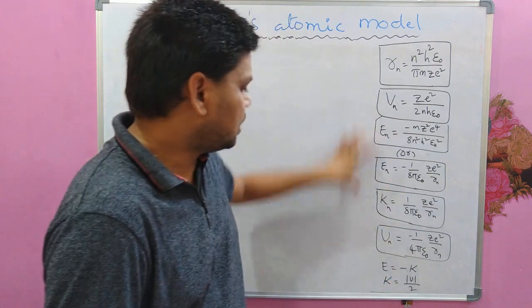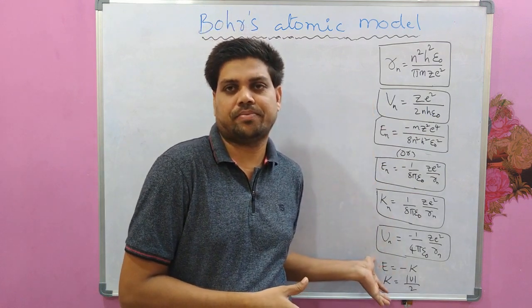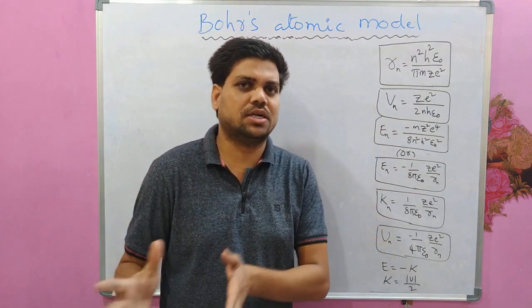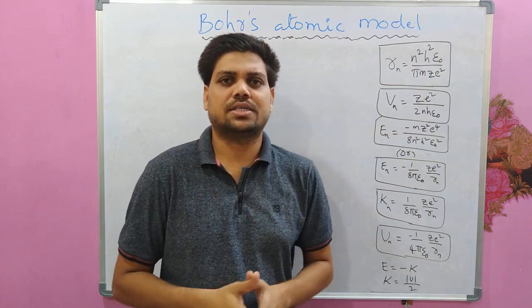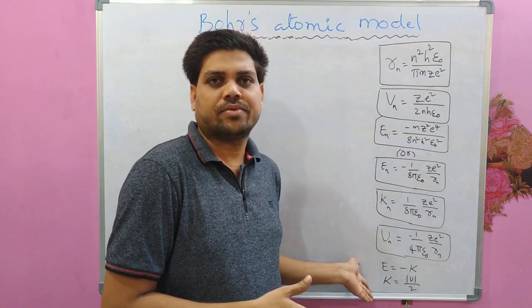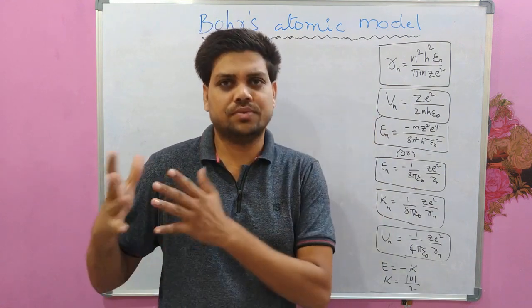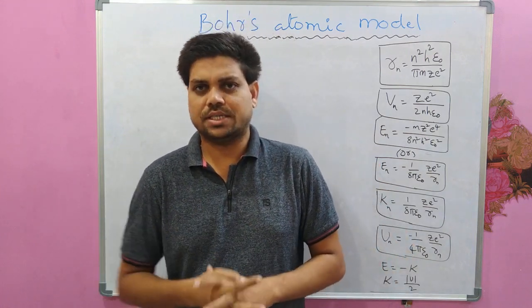And these are the formulas we got from that description. If you have not watched that video, do watch it so that you will understand what these formulas are. Here we continue from where we stopped in the previous lecture.